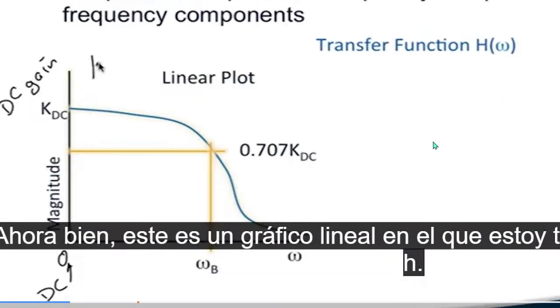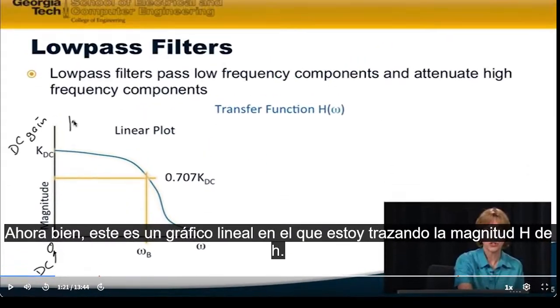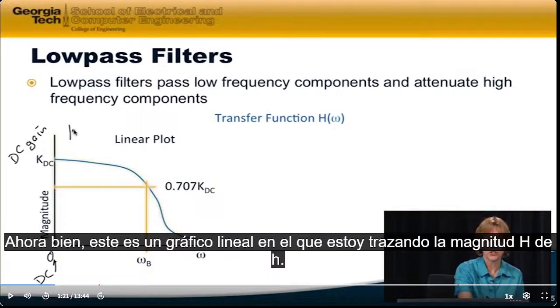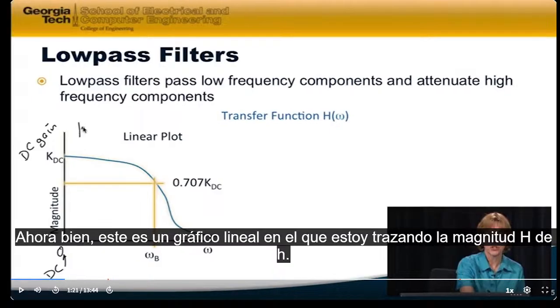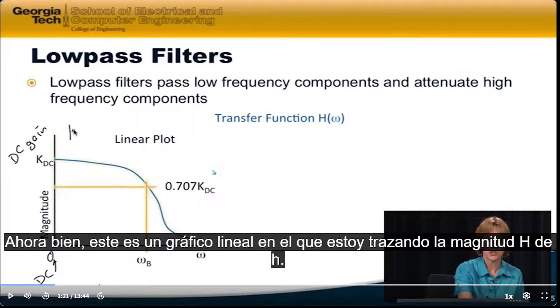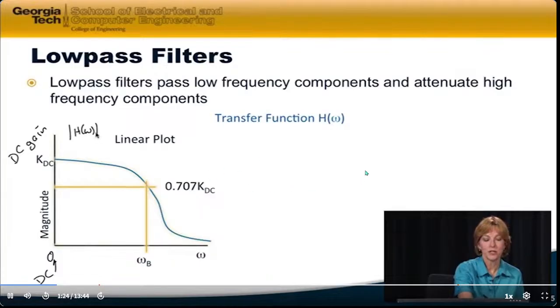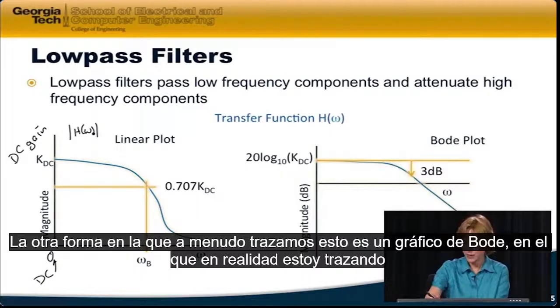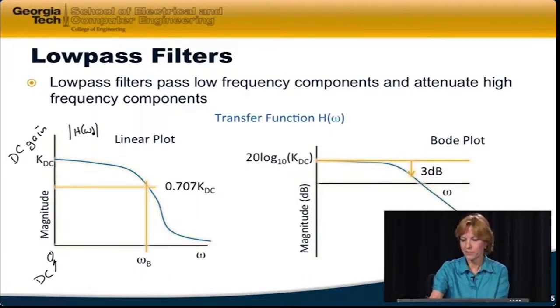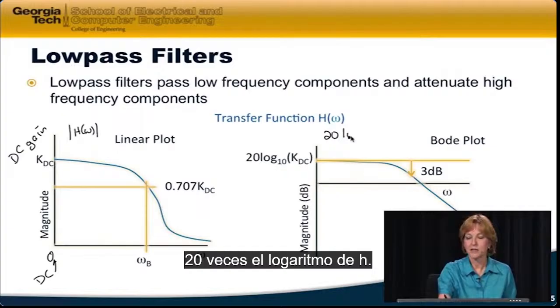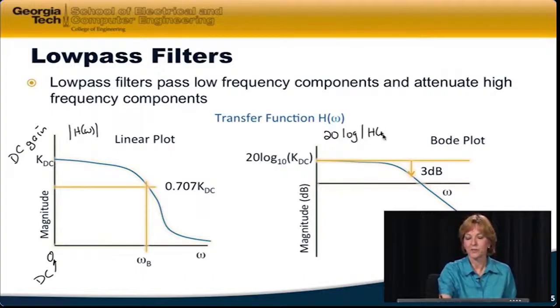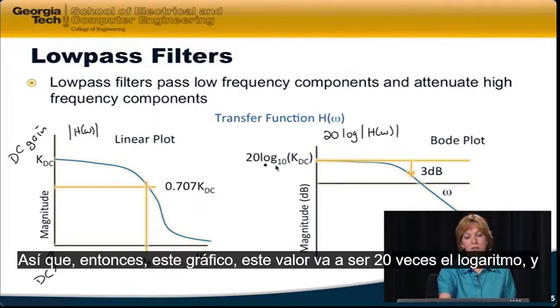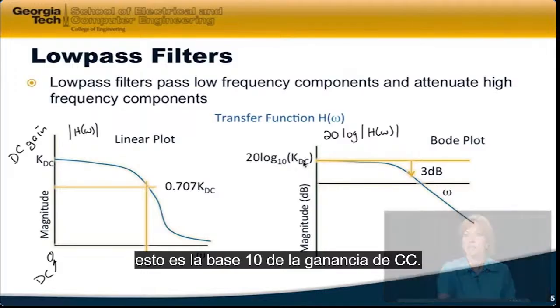the magnitude of H. The other way we often plot this is a Bode plot, where I'm actually plotting 20 times the log of H. So then this value is going to be 20 times the log, and this is base 10, of the DC gain.